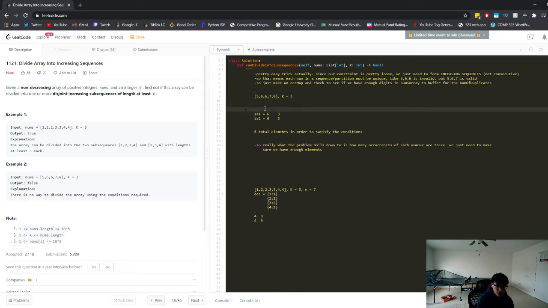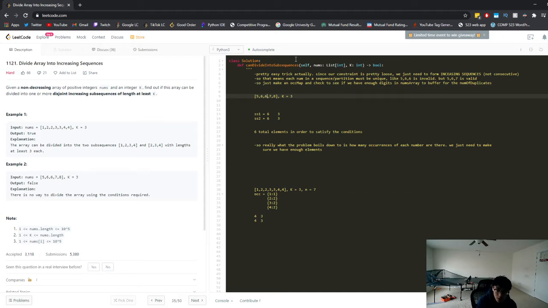Actually, the first thing we should check is does the input array itself, without any modifications or partitions, satisfy the condition that the subsequence has to be at least length 3? It is at least length 3, but is it strictly increasing? No, it's not, because we have the 6 and the 6. That's a flat line. To be strictly increasing, it'd have to be like 5, 6, 7, 8, 9, as opposed to 5, 6, 6, 7, 8.